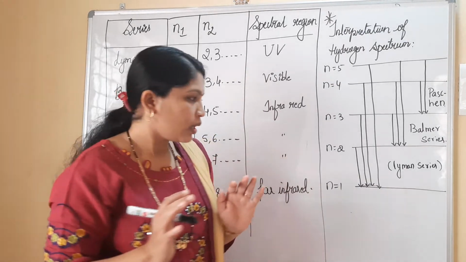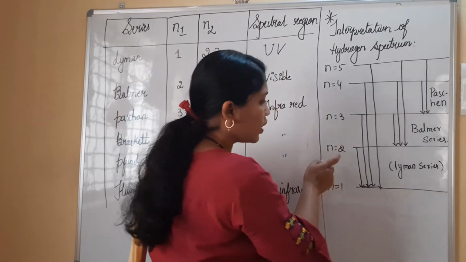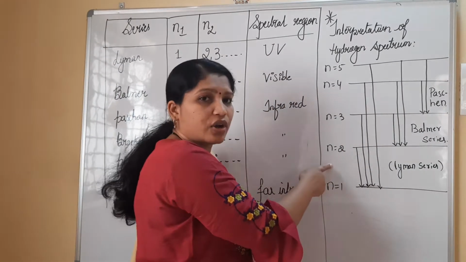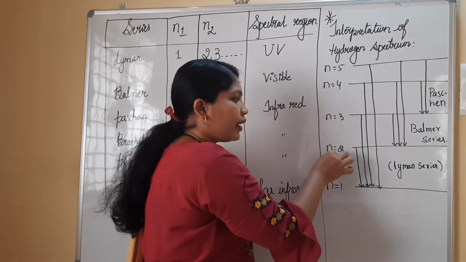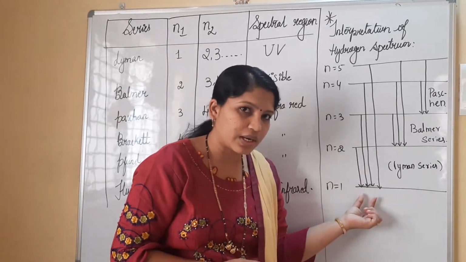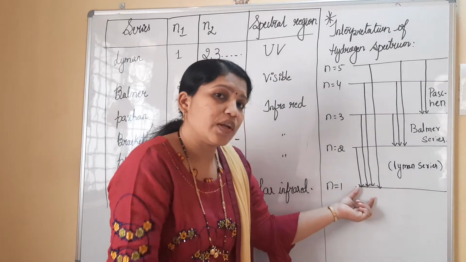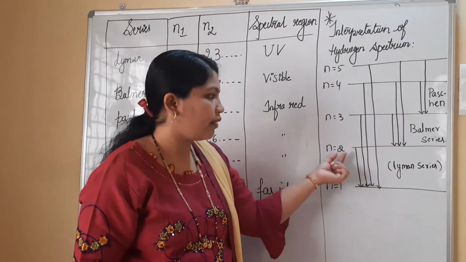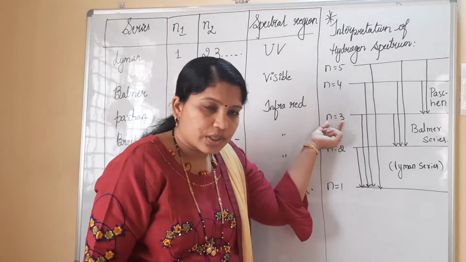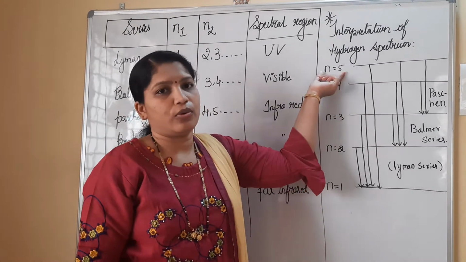See here, when the electron is jumping to n2, the second energy level or second orbit, it may come back to the ground state. When the electron is given energy from the ground state, it will jump to a higher energy level. It may go to n equal to 2, n equal to 3, n equal to 4, or n equal to 5.